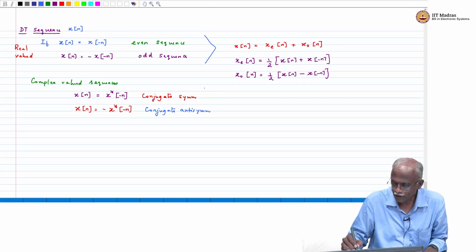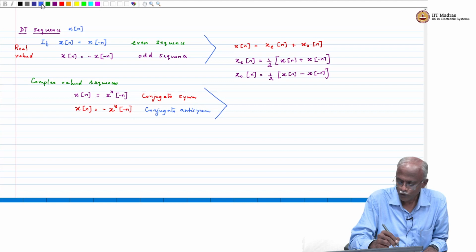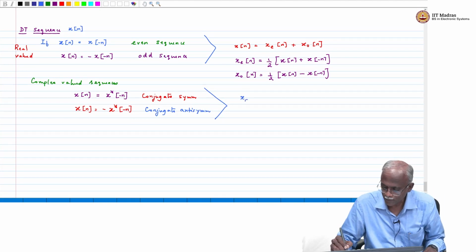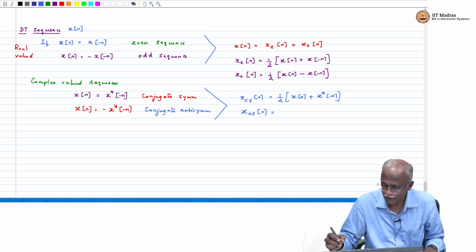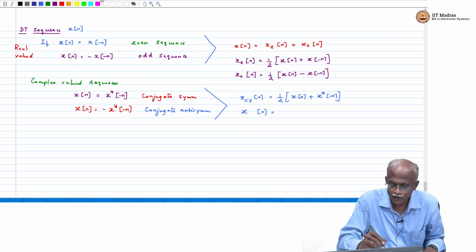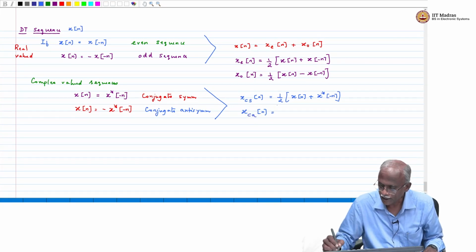Okay. And using these relationships, you can come up with an expression for the conjugate symmetric part as 1/2 of x of n plus x conjugate of minus n. You can come up with an expression for the conjugate antisymmetric part, which is 1/2 of x of n minus x conjugate of minus n.